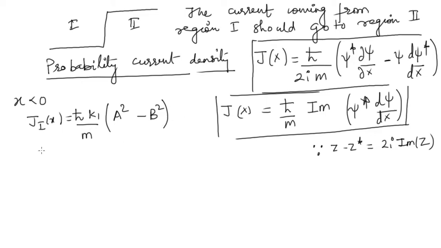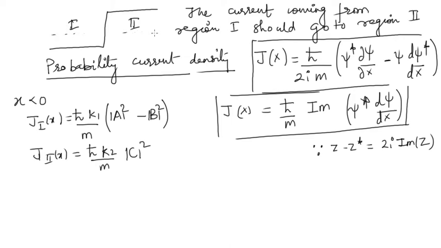And in region 2, you get h cross k2 upon m times mod c square. So we need to show that j1, whatever current is coming from region 1, is the same as in region 2.